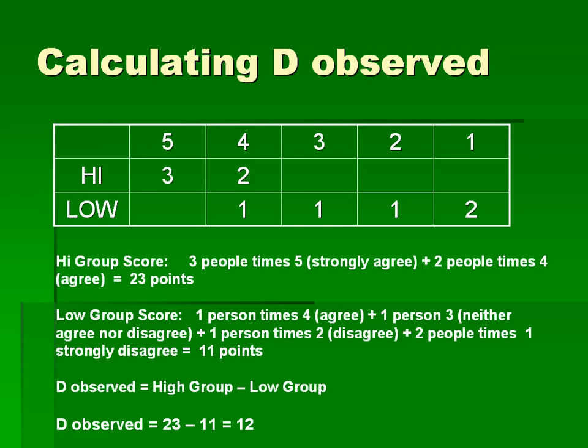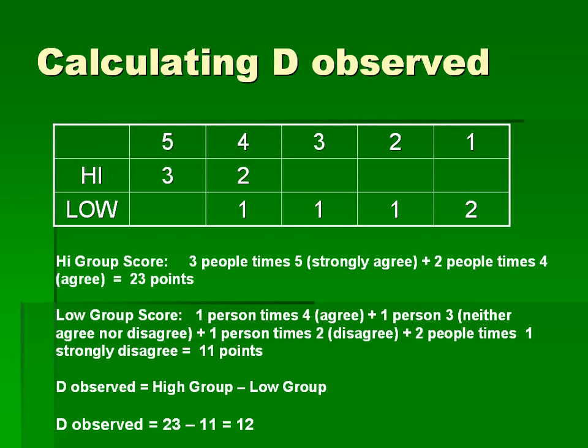You can go back a couple of slides and see these are the numbers that were represented there. The high group score would be 3 people who chose 5 plus 2 people who chose 4. So 3 times 5 is 15 plus 2 times 4 is 8, so that's a total of 23.